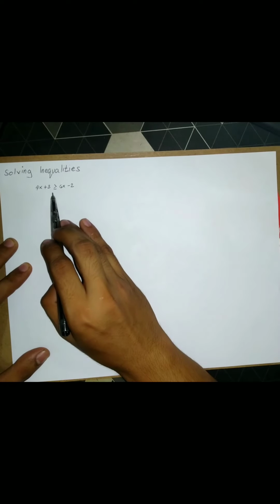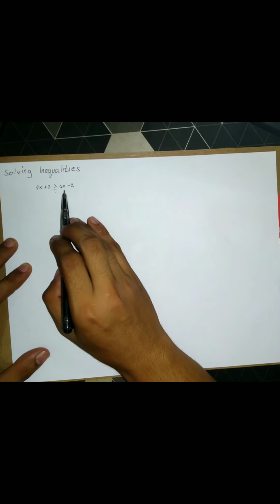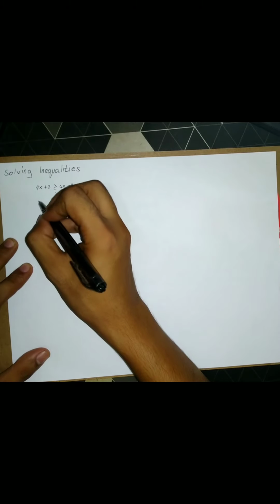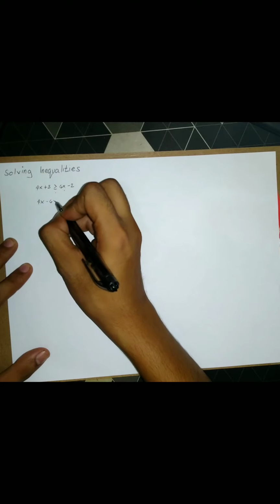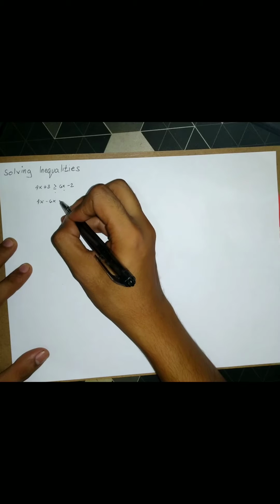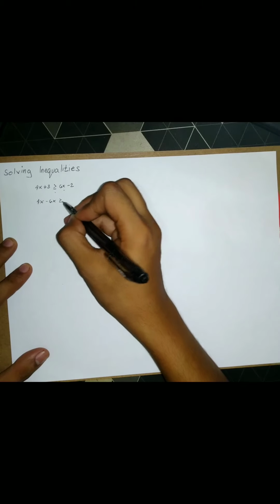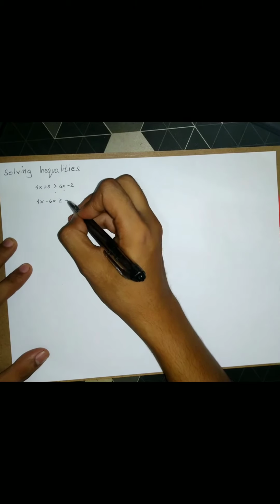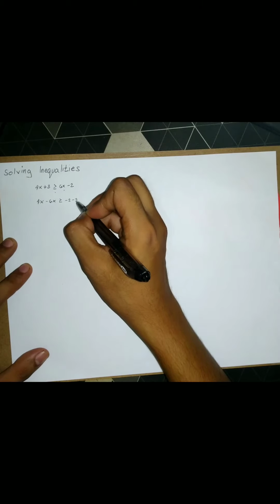4x plus 3 is greater than or equal to 6x minus 2. If we're going to solve this, that becomes 4x minus 6x greater than or equal to minus 2 minus 3.